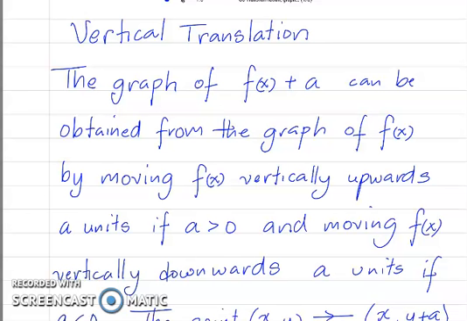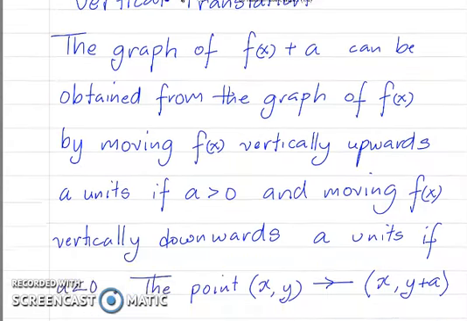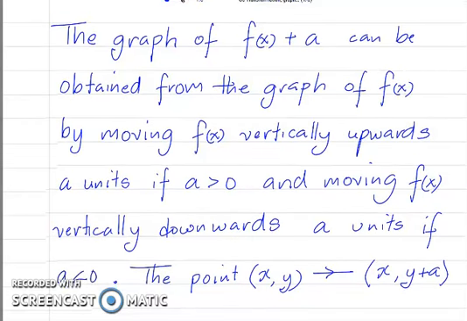So if a is positive, you're going to move your graph a units vertically upwards. And you're going to move the graph of y is equal to f of x vertically downwards a units if a is less than 0. And here, a is less than 0 means that a is negative.